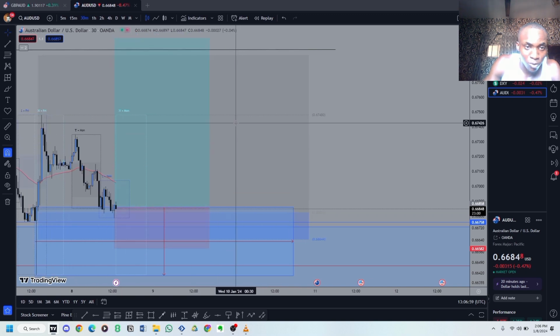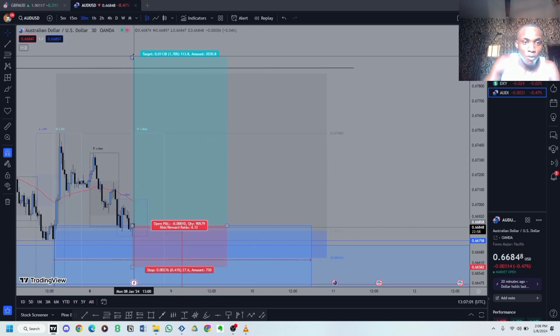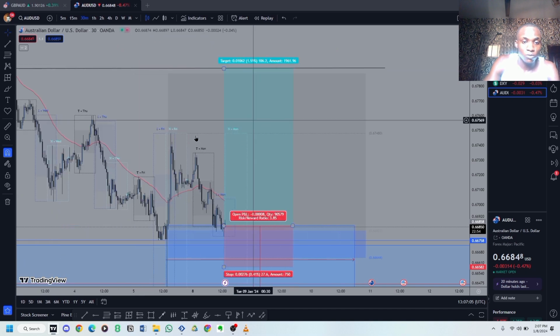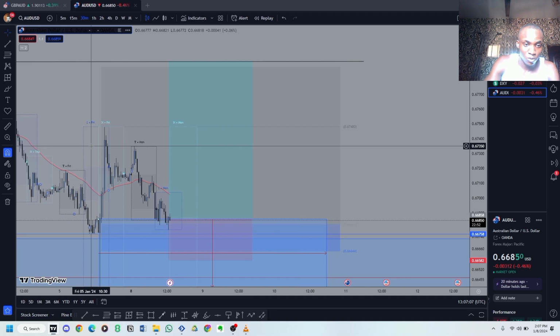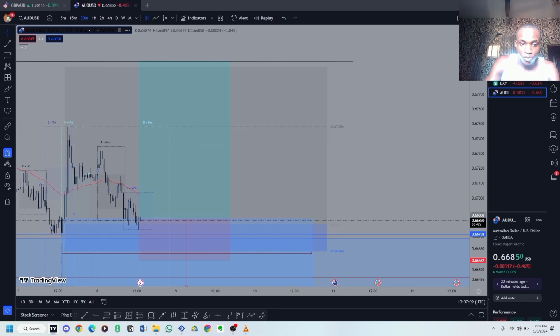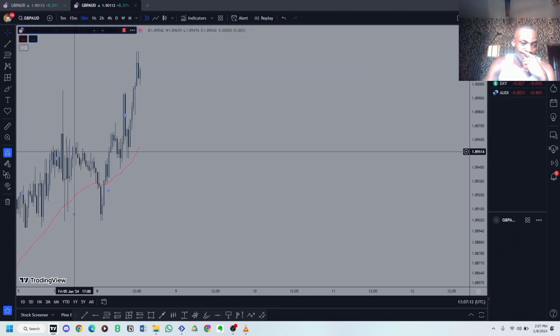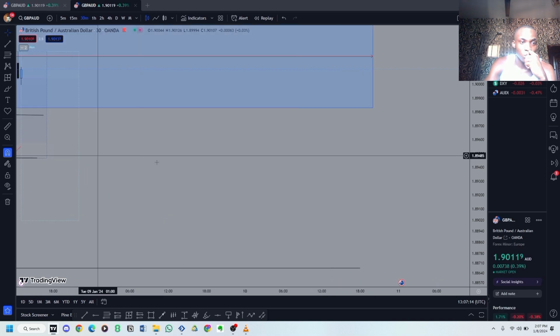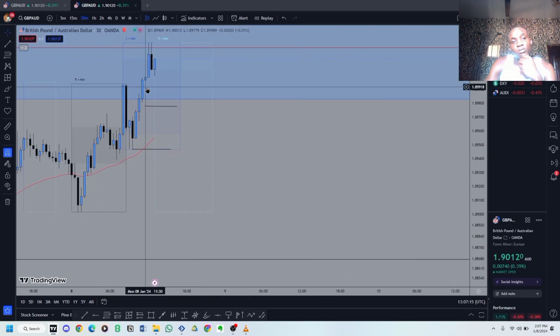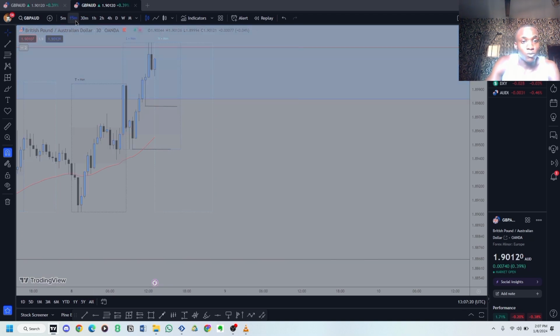We have to be waiting for GBP to fully turn out. Hopefully it turns out well. So this is the first position of the week. GBP is still toiling around, so we just want to see GBP do what it does best.